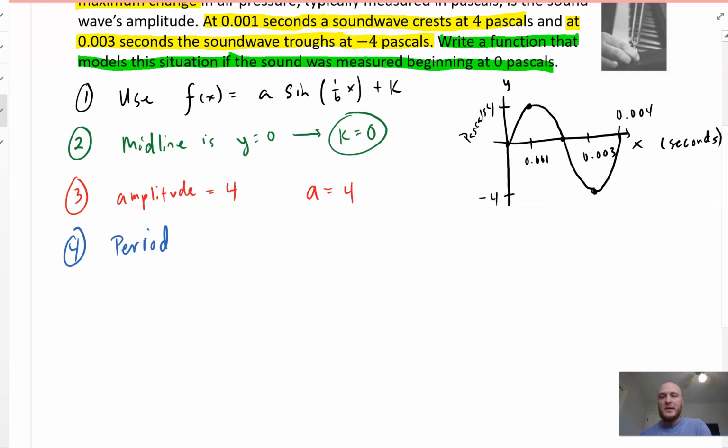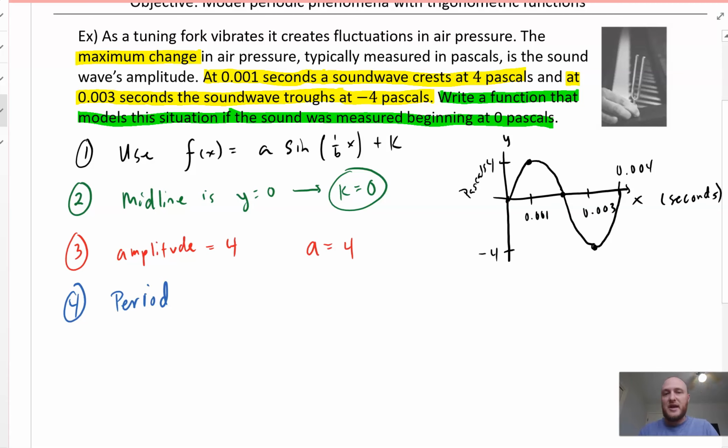For this one, the information they tell us is that the crest is at 0.1 and the trough is at 0.3. That tells us the distance is 0.002, which is going to be half of our period. So the period is equal to 0.004.